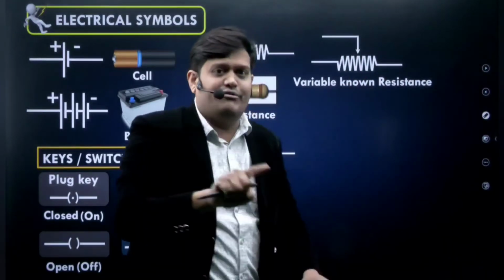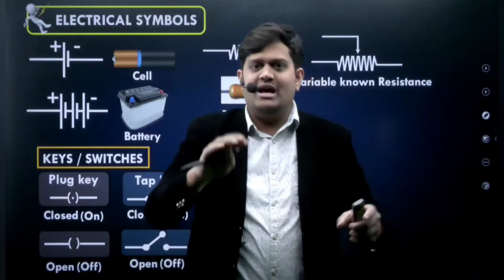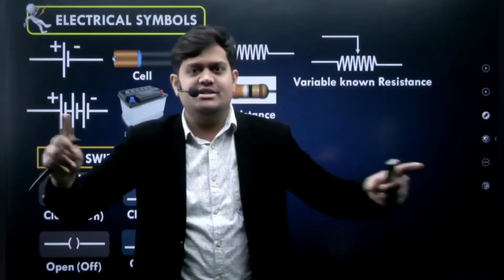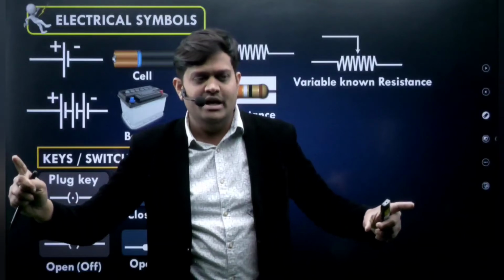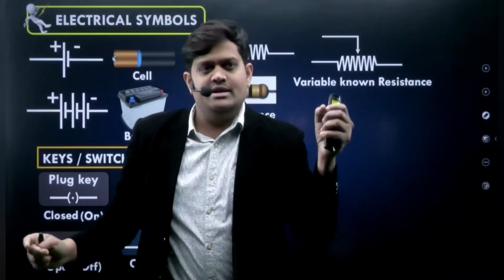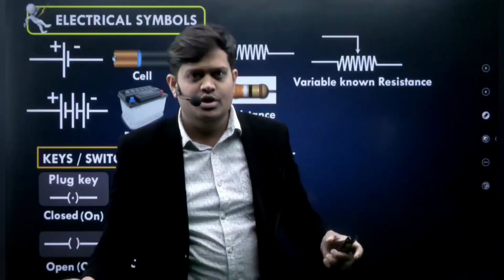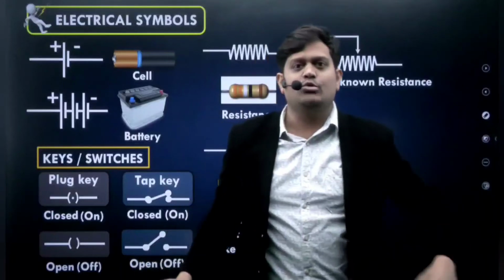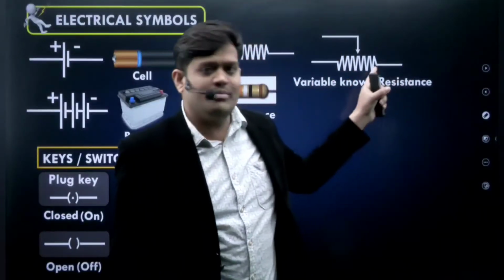But let's suppose we are calculating something in the circuit in two stages. In the first stage, we want the resistance to be 20 ohm. So we set it, and we complete the calculation with the 20 ohm resistance.